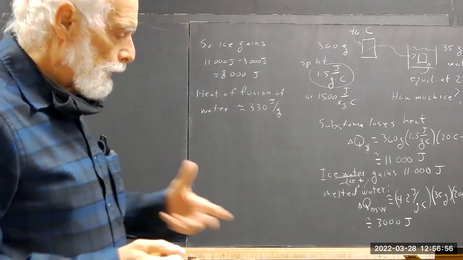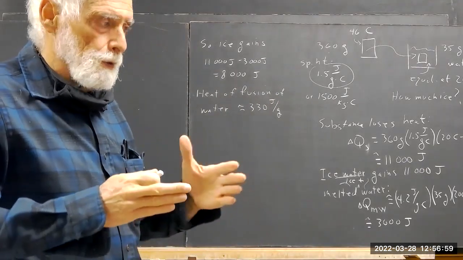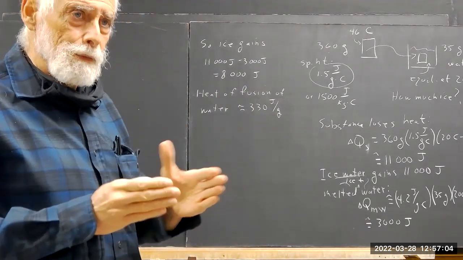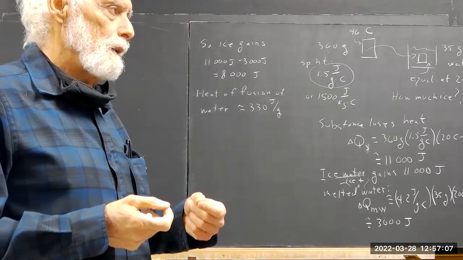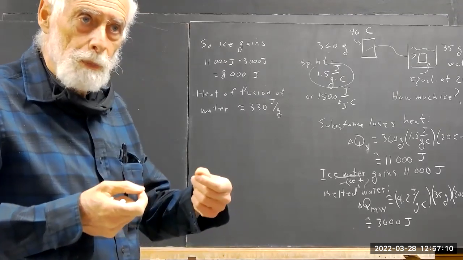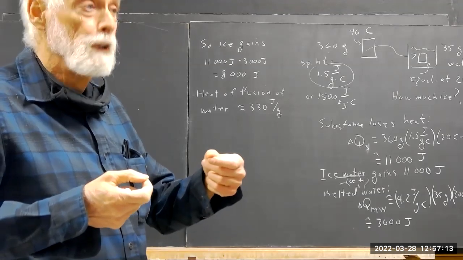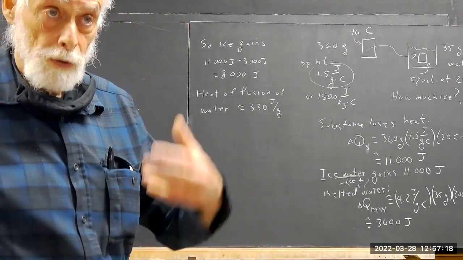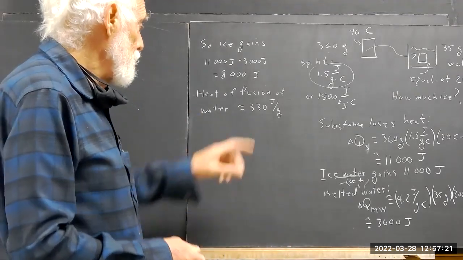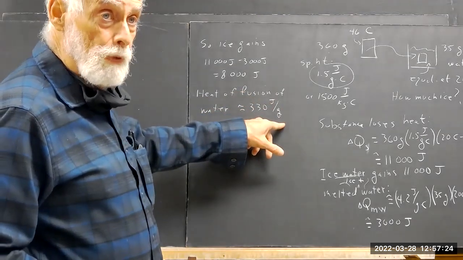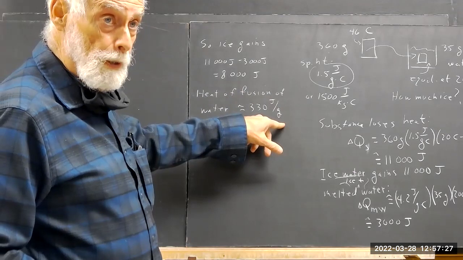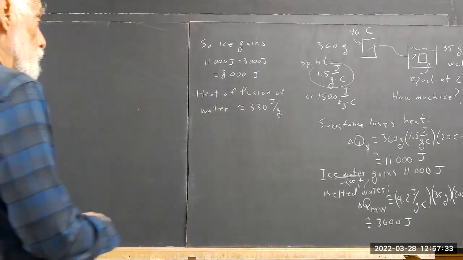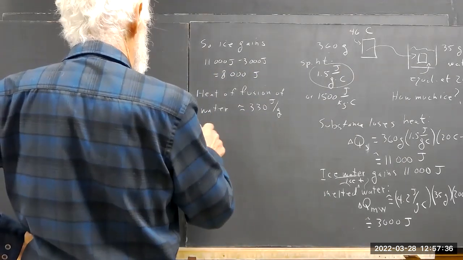This is the heat you got to add to the crystal structure of ice, so that, in a slightly oversimplified way of understanding it, the oscillations, vibrations of the molecules in the crystal structure of the ice increase until the crystal structure is destroyed and you've got the liquid water still at 0 Celsius. And it takes 330 joules for every gram of ice at 0 Celsius to do that. Now the ice is at 0 Celsius. I'm not writing down all the conditions, but you gotta kind of understand all that. Okay.